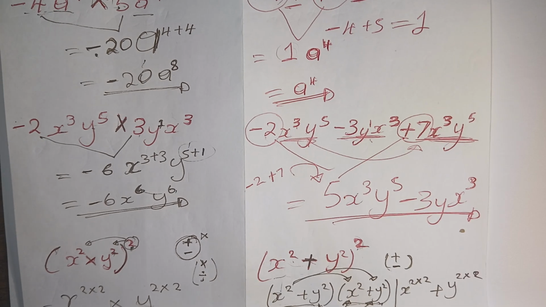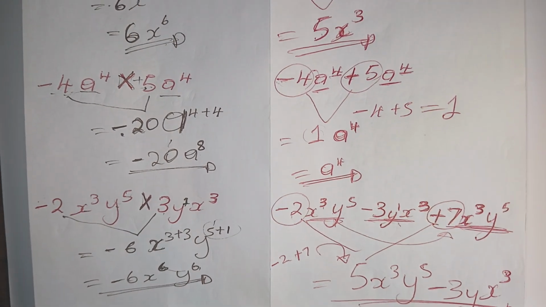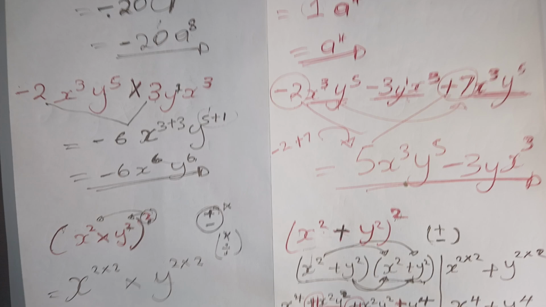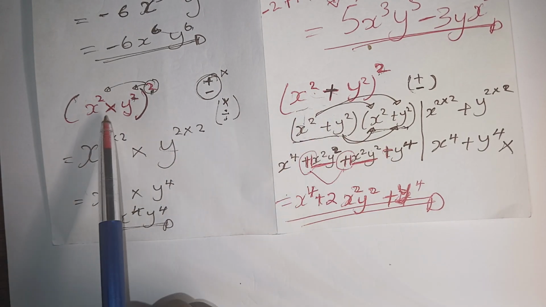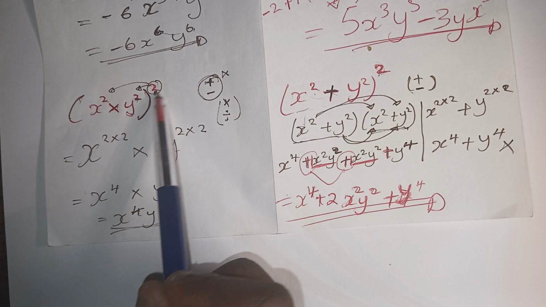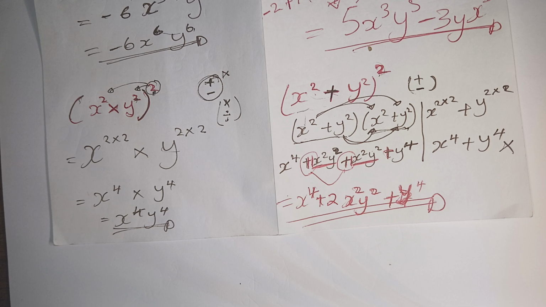I'll try to do more videos based on like terms and also this kind of question. Yeah. So guys, I just hope you see the difference between this question and that one. If there is multiply, you can apply that law which says the exponent outside the bracket multiplies each exponent inside the bracket.